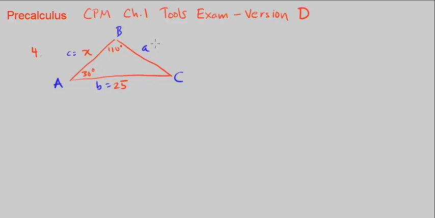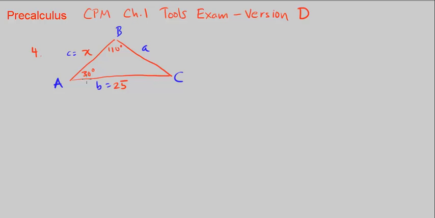So some people went ahead and solved for side little a using the law of sines, and then found angle C by adding all the angles up to equal 180, and then used the law of cosines to find c, or x.